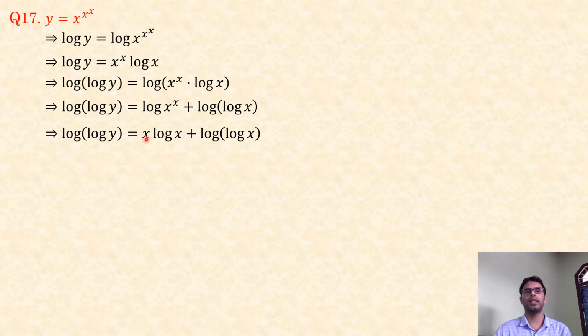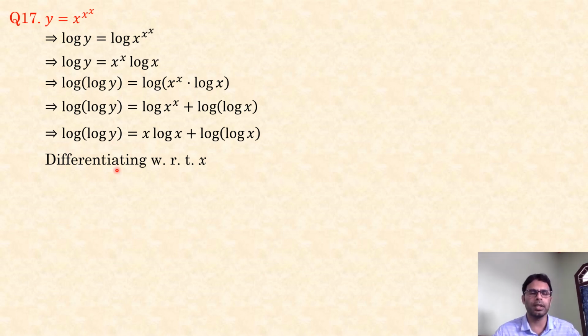Now you see there are no powers and no variable bases. Now we can differentiate. So differentiating with respect to x, come to the left hand side, the log of log y differentiation. So first you take the derivative of the outer log, then the derivative of the inner log, then y gives dy/dx.